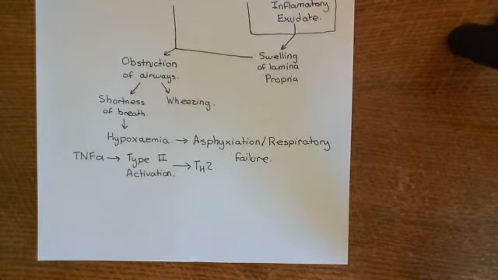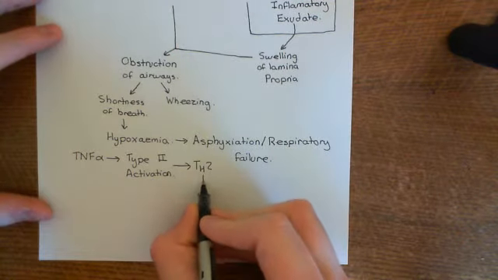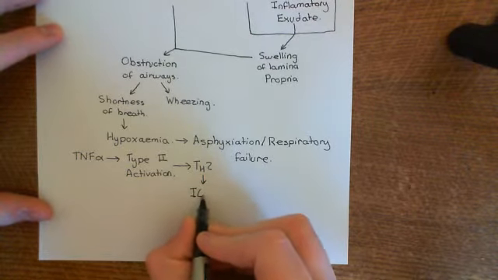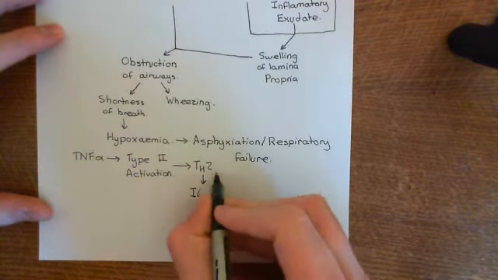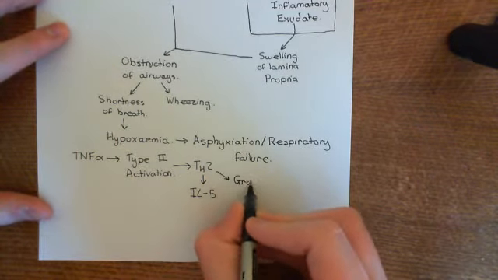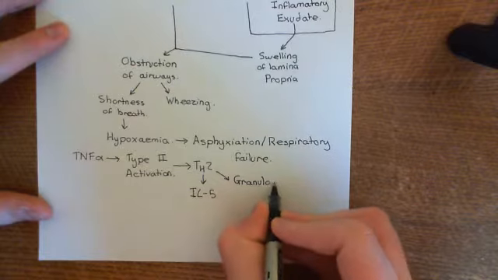However, what we do know is that T helper 2 cells start flooding into the lamina propria of the bronchi, and what they start doing is releasing 2 very powerful cytokines. They start releasing interleukin-5, and they also start secreting something known as the granulocyte macrophage colony stimulating factor.